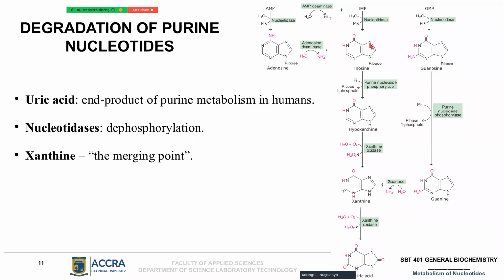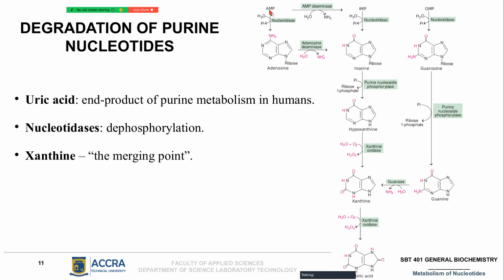The whole molecule is inosine, because on carbon 6 the amine group is removed and replaced with oxygen, which comes from water. Then a phosphate group is also removed from the ribose, and you are left with just the inosine.